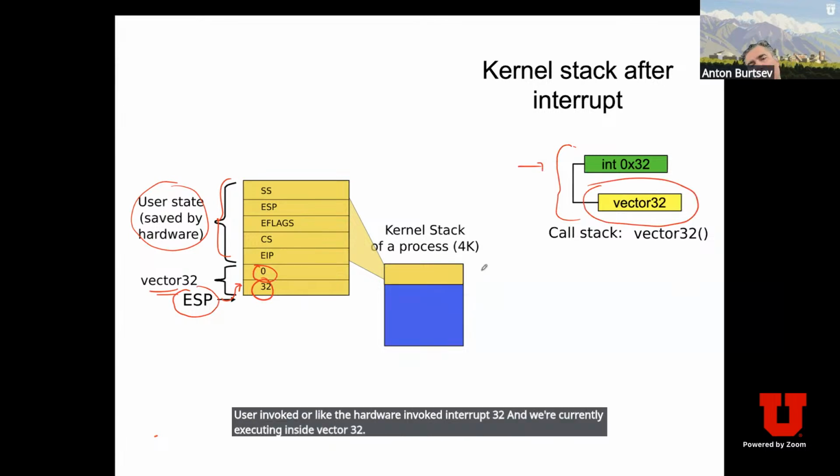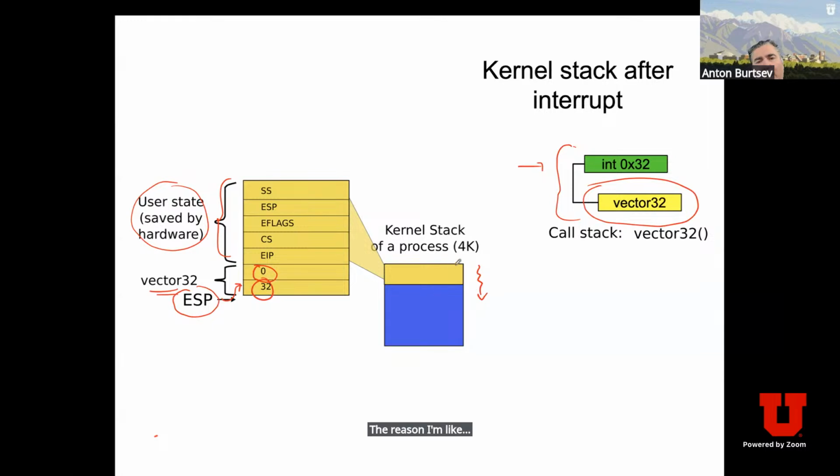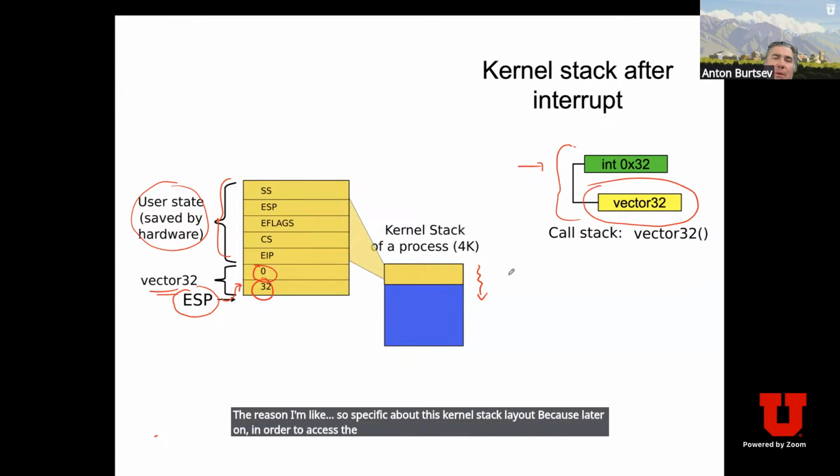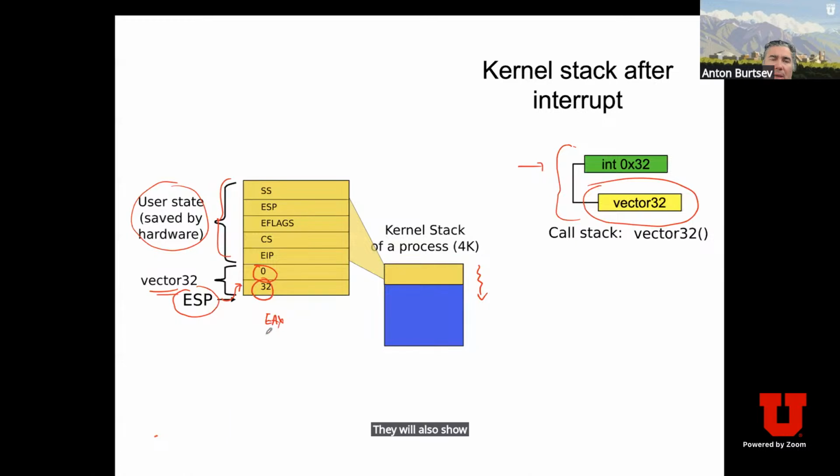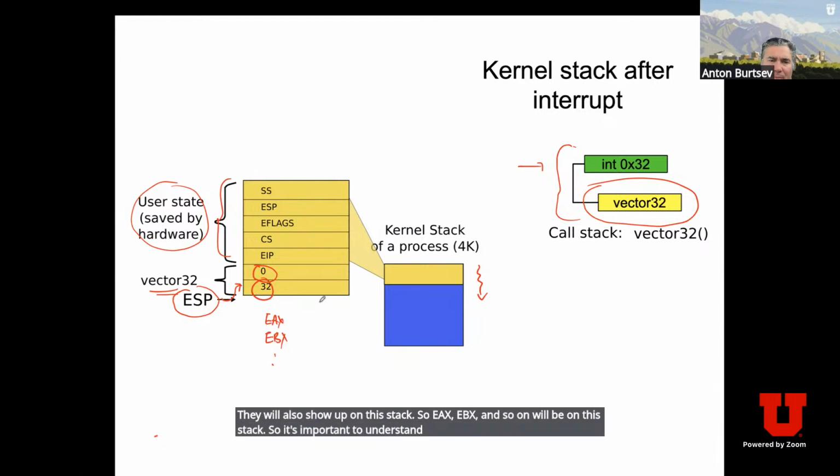The reason I'm so specific about this kernel stack layout is that later on, in order to access the values of user registers, they will also show up on this stack. So EAX, EBX, and so on will be on this stack. So it's important to understand how to access the user registers, and also the pointer to the user stack will be saved here.